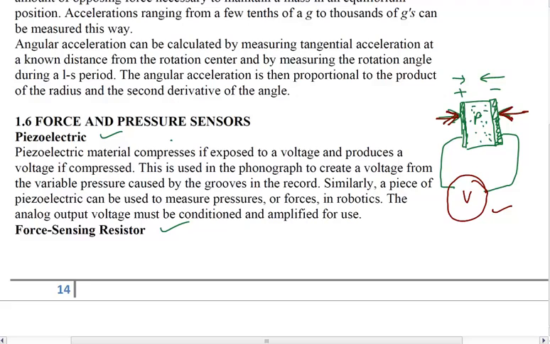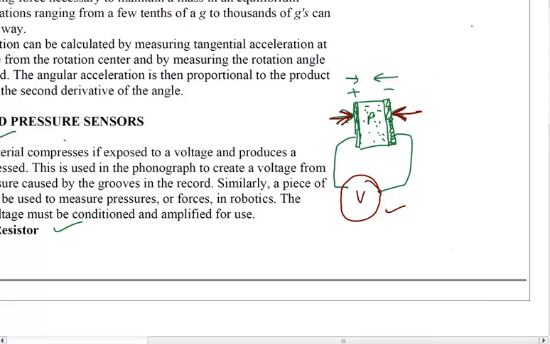I will be able to understand how much pressure or force is getting applied. See, the same thing you can use for the case I talked to you about previously, the mass and the spring, isn't it? So suppose you connect one end of the piezoelectric to a surface, and the other end of the plate you connect to a mass.